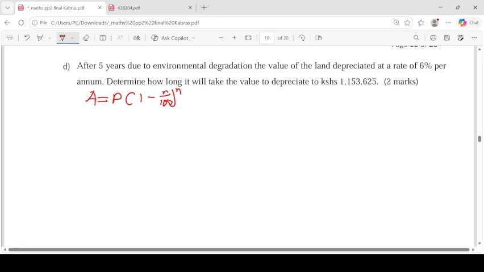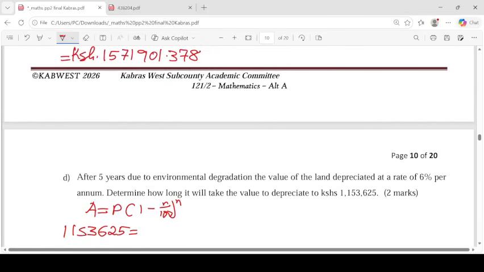So the final value is 1,153,625, being equal to the principal, which was the value after the 5 years, 1,571,901.378, into 1 minus the rate, which is 6 over 100, to the power of n.